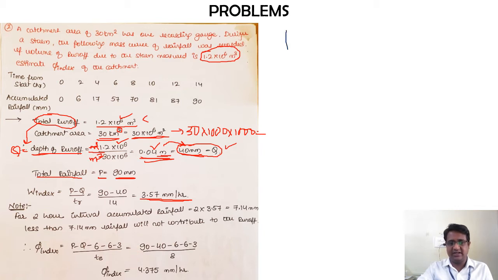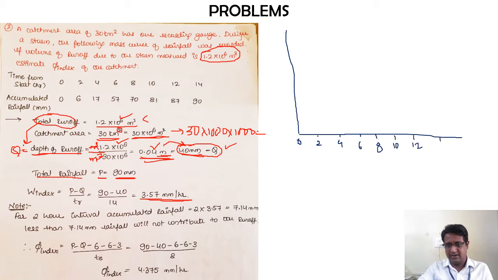If I draw that hyetograph, here we have 0 hour, and here we have 2, 4, 6, 8, 10, 12 and 14. And here we have the intensity of rainfall.